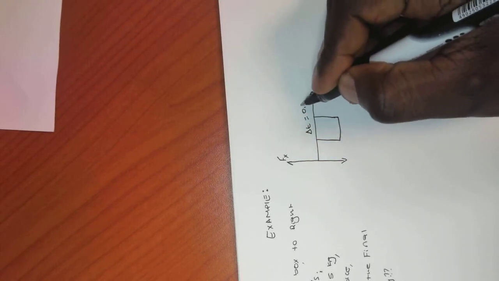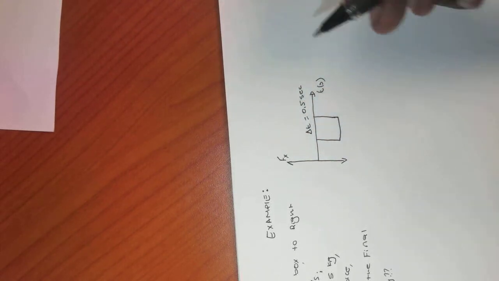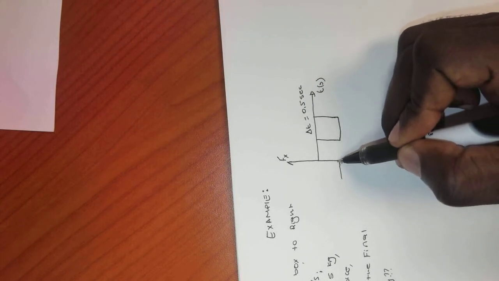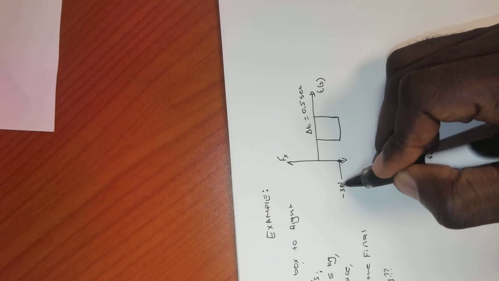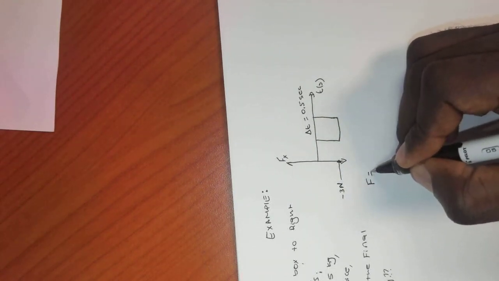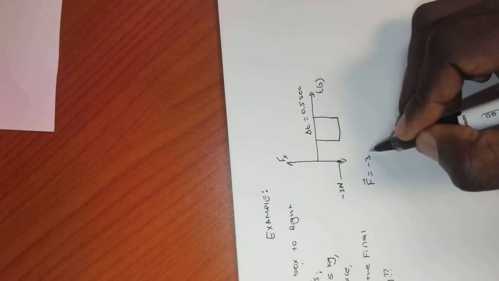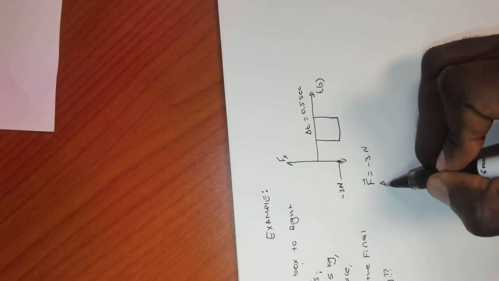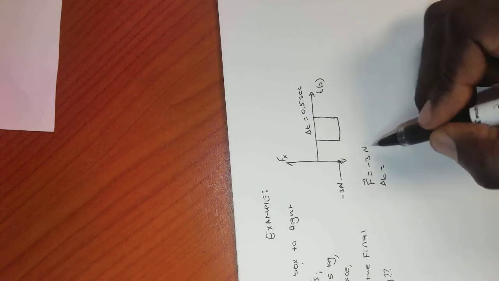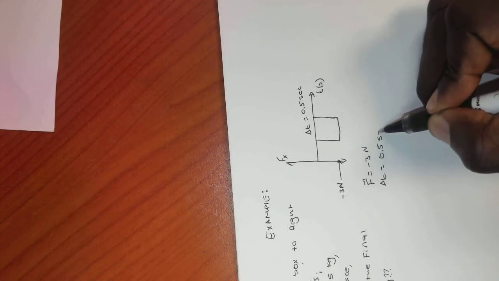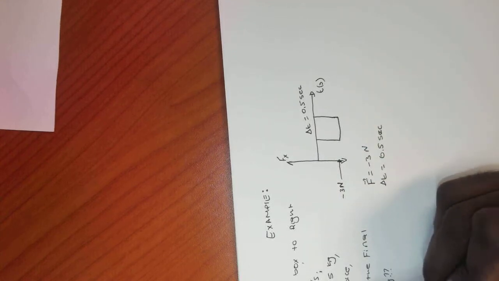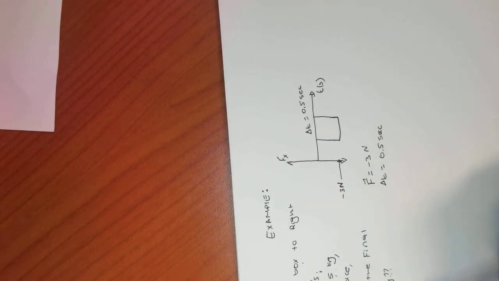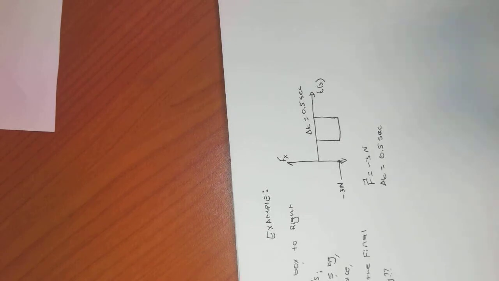Let's give it 0.5 seconds. So you're applying a force, let's say of -3 Newton. So as you can see, you have a force which is -3. You have change in t, which is 0.5 seconds. You have V, you have a mass, so you need to calculate the final velocity.